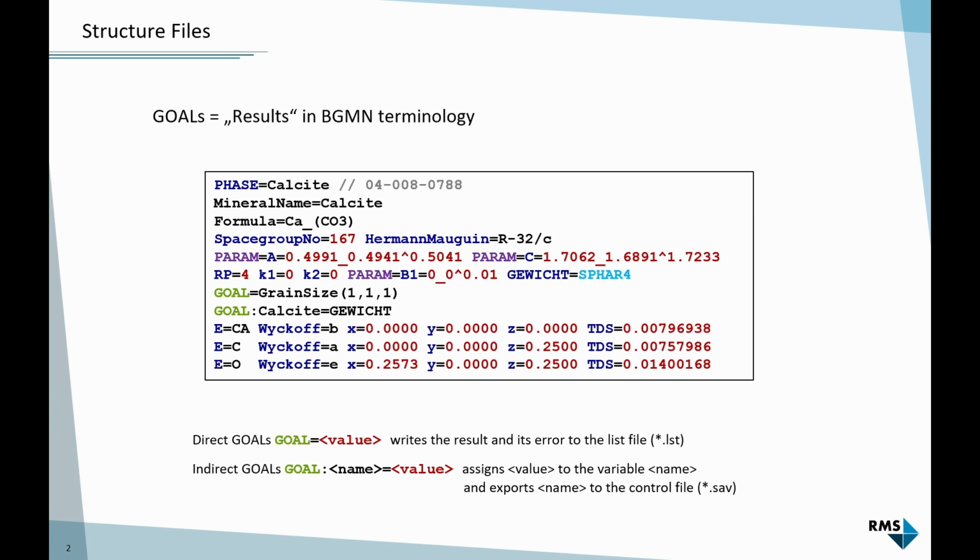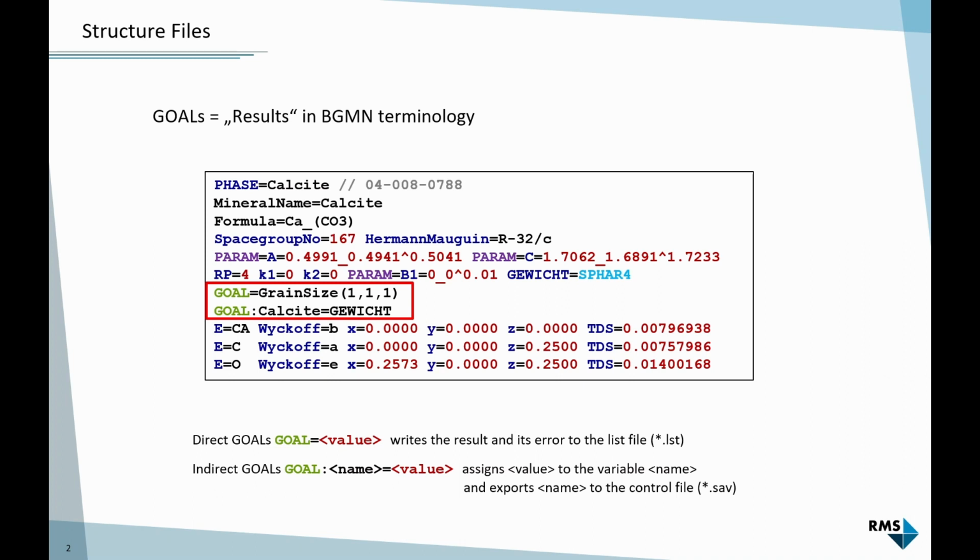Now, in all structure files, you will see a few lines starting with goal. And I want to explain what this is. Goal in BGMN terminology means results. And there are two different kinds of results, direct goals and indirect goals.